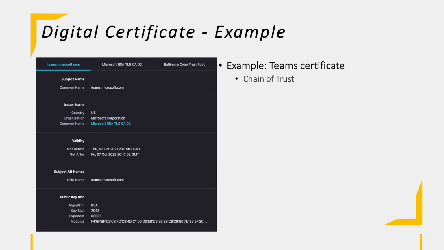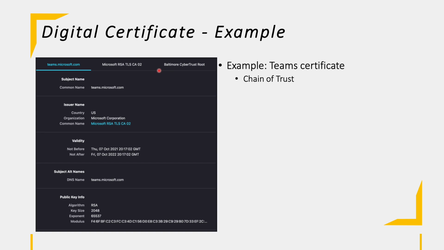But what we can see, let me turn on the laser pointer again, is here's the certificate itself, teams.microsoft.com, and you see the chain of trust. The intermediate certificate authority is Microsoft RSA TLS CA 02, and the root certificate is Baltimore CyberTrust Root.